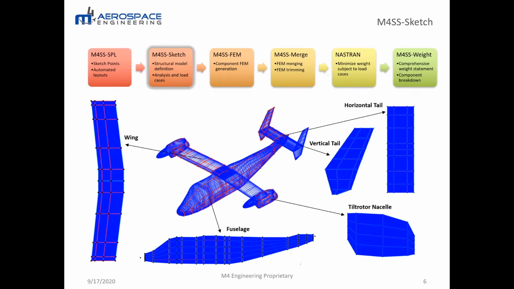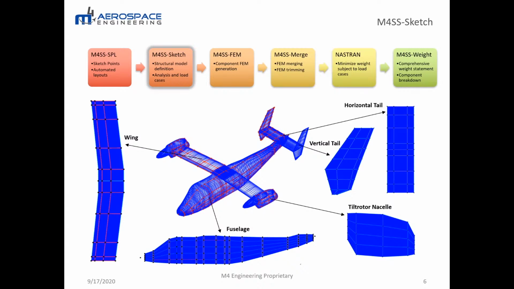The next step is what we call sketch. And this is a very detailed step in the workflow where you're going to go through and assign all the material properties. You're going to identify all the structural components, in addition to any that were defined during your automated wing layout or fuselage layout usage.